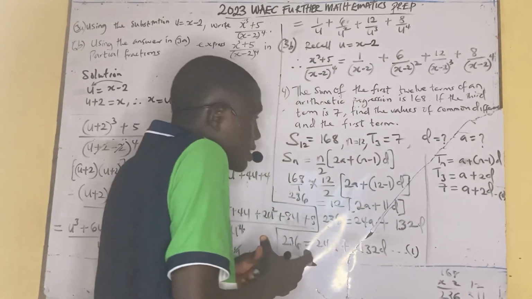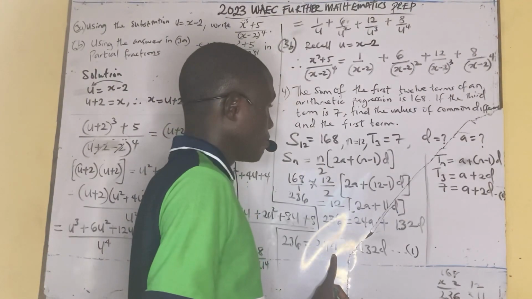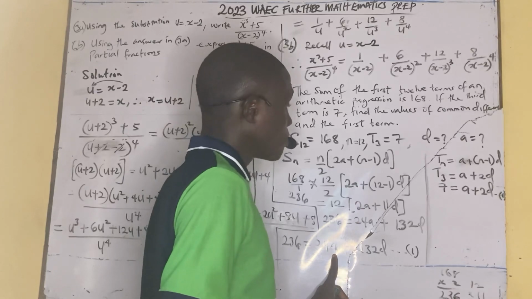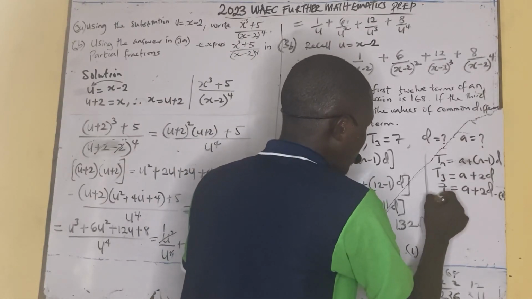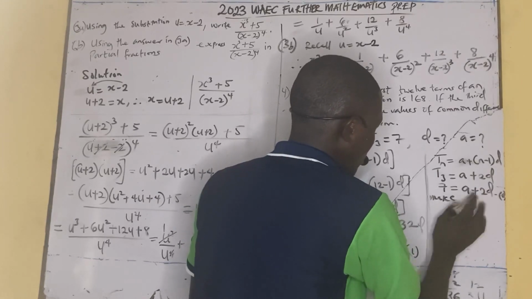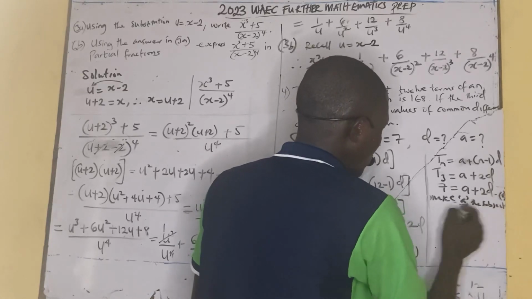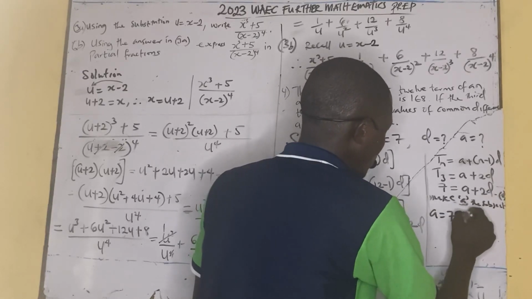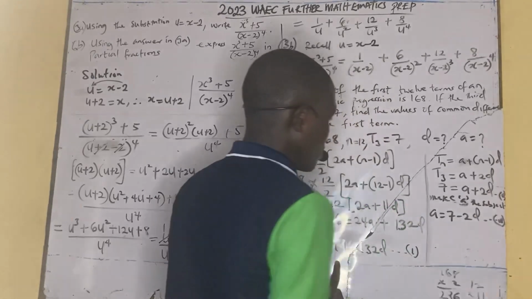So I can easily make a the subject of the formula and then put it here to get my value of d. So a is now going to be 7 minus 2d. Call it equation 3.